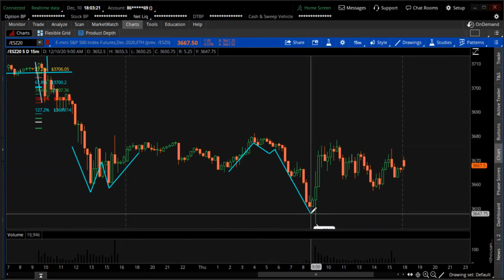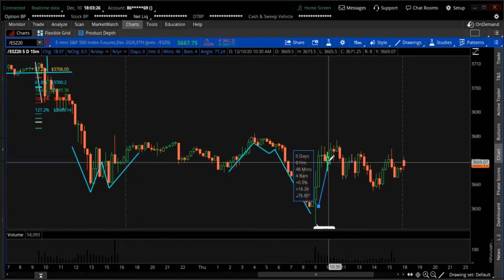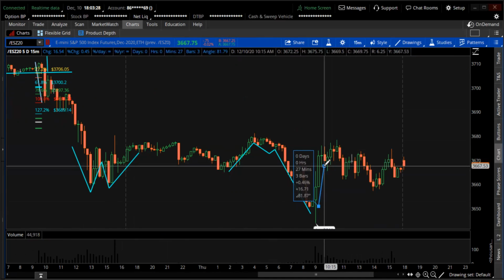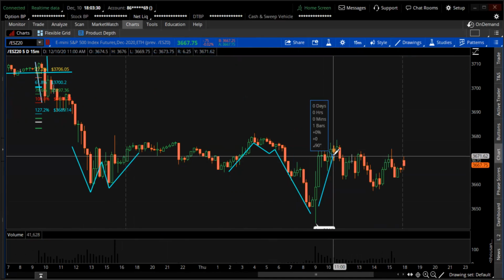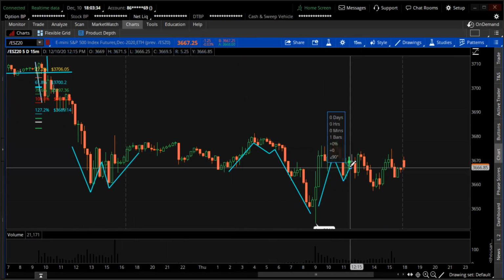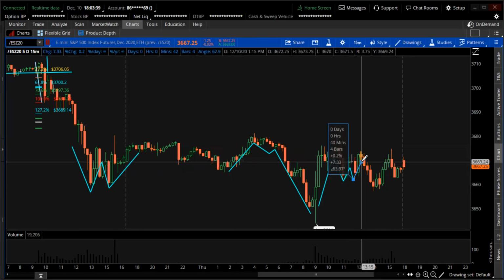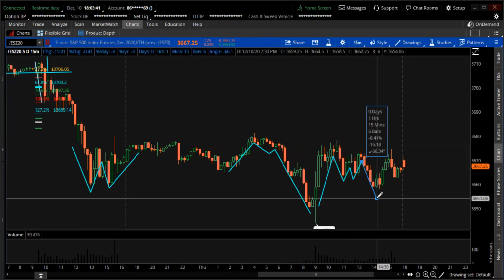Same thing as here. That's how you do that. We can even use here, here, here, here, and here as well. It's like a small W, but it is actually an M pattern.